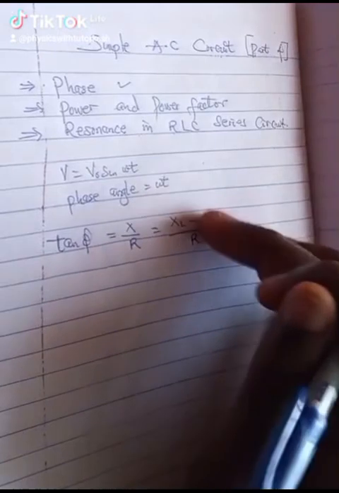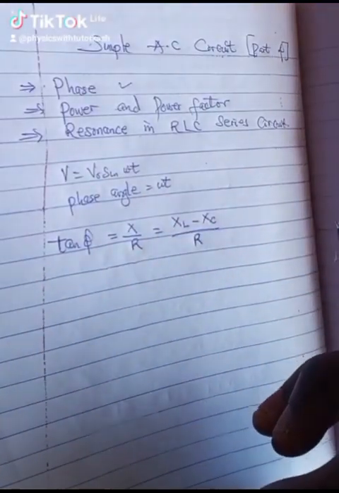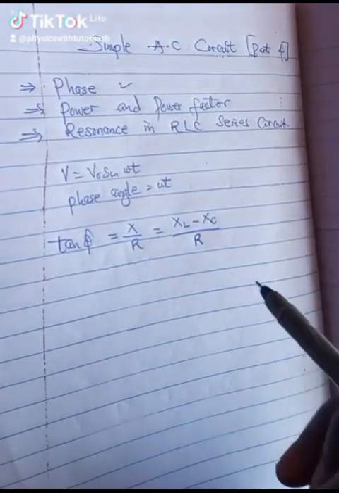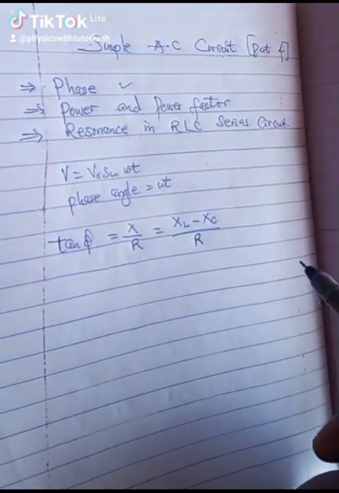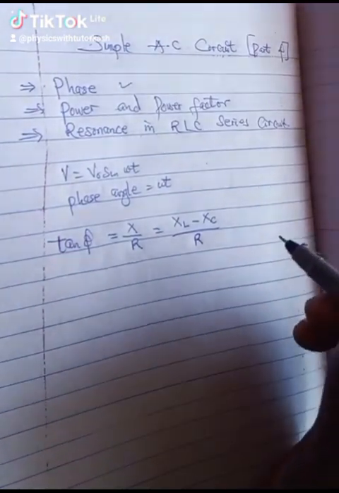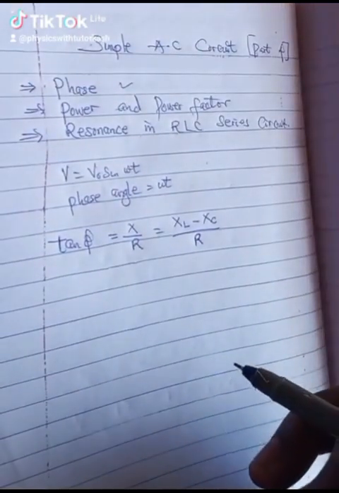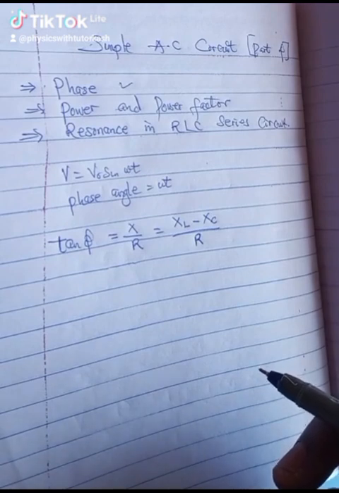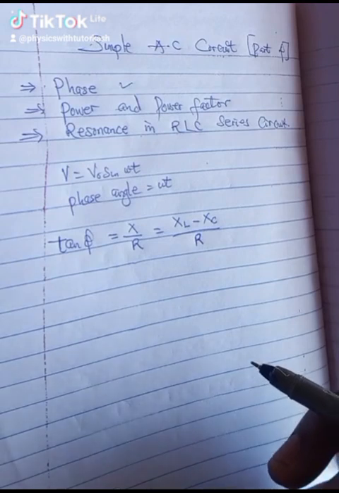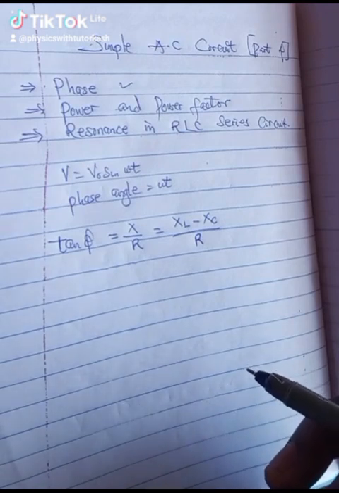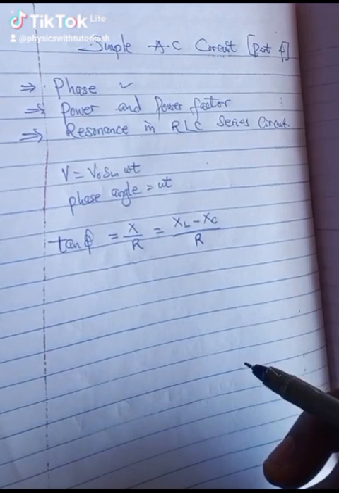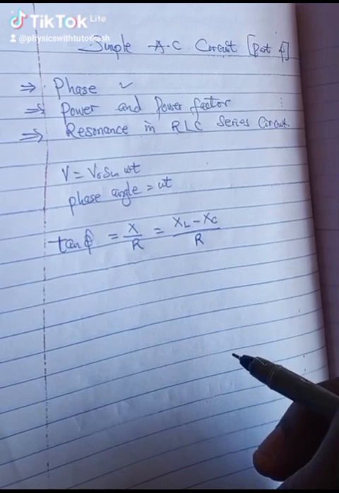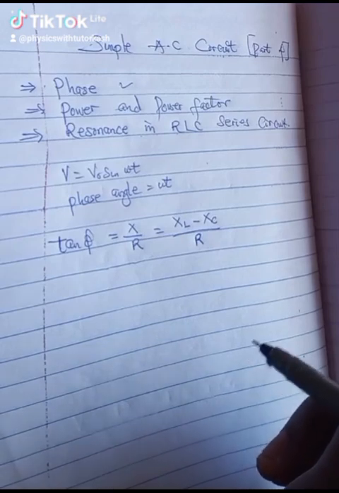So this is our formula for phase angle. If you have the values of these, subtract them, divide by the value of resistance, and take the arctan, it will give us the phase angle. And let's not forget that for a resistor in an AC circuit, the phase angle is equal to 0, and for an inductor in an AC circuit, we have a phase difference of pi by 2, where we say that in this system, the current lags the voltage by the angle pi by 2.